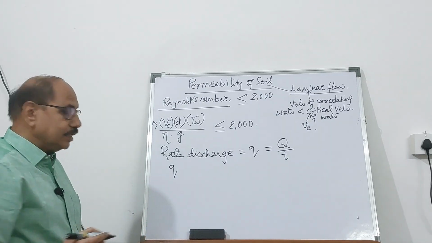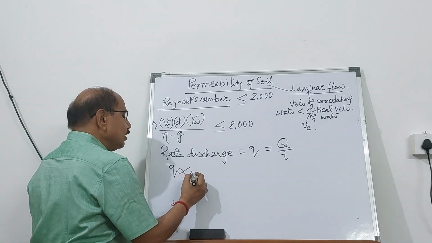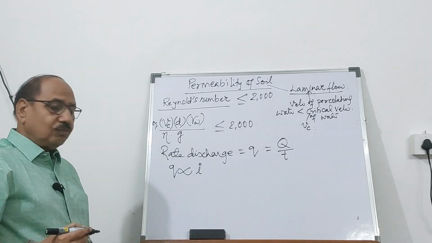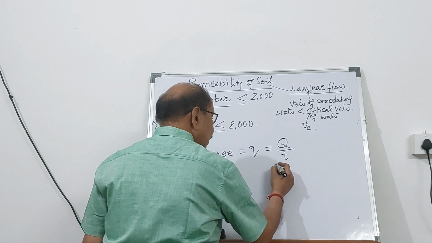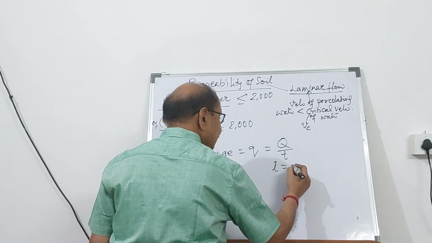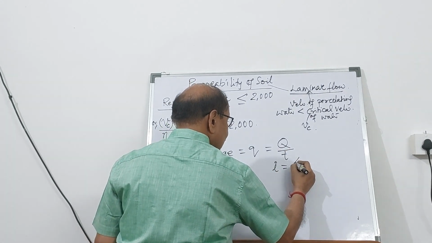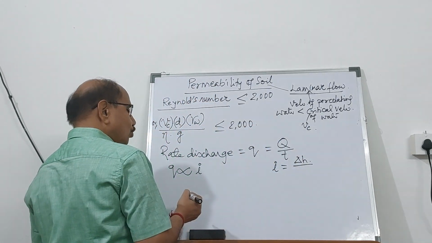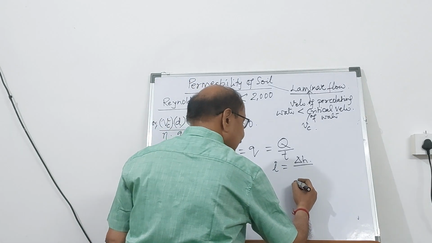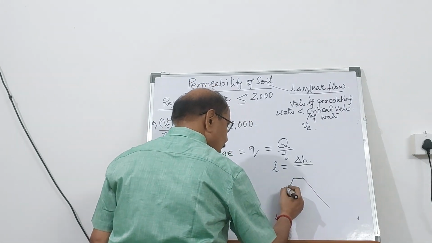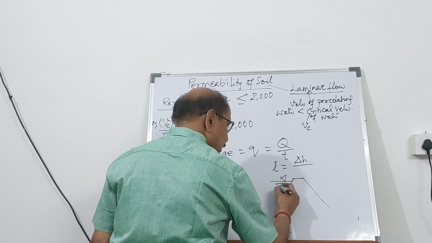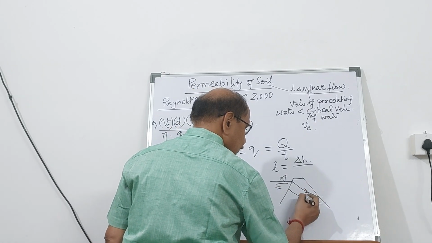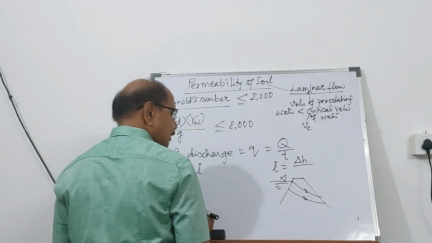So the rate of discharge Q is directly proportional to, it will depend upon the hydraulic gradient. What is hydraulic gradient? You know it. That is the head loss when the water is percolating through the soil mass. Say it is the dam and water is here. The water is seeping through this. Right?